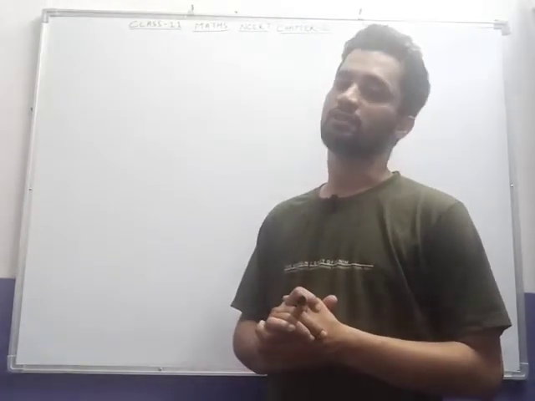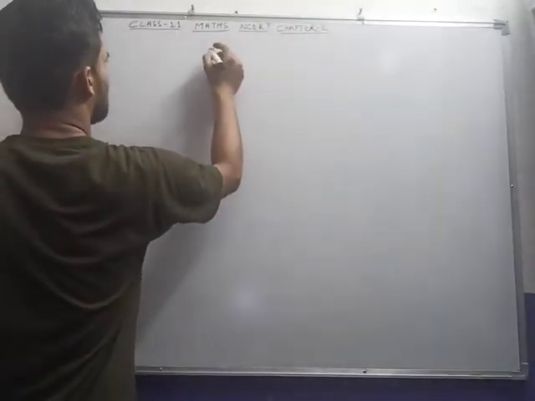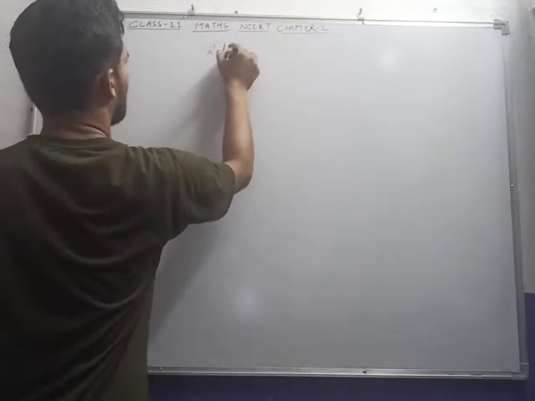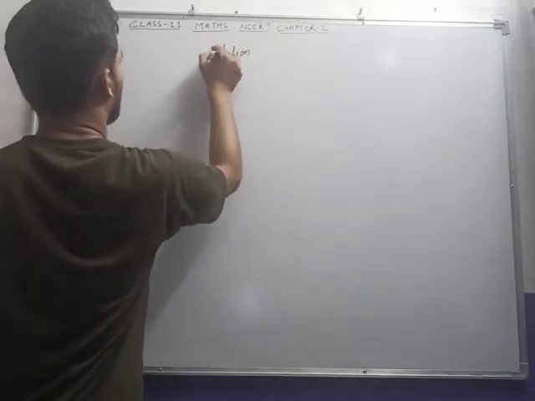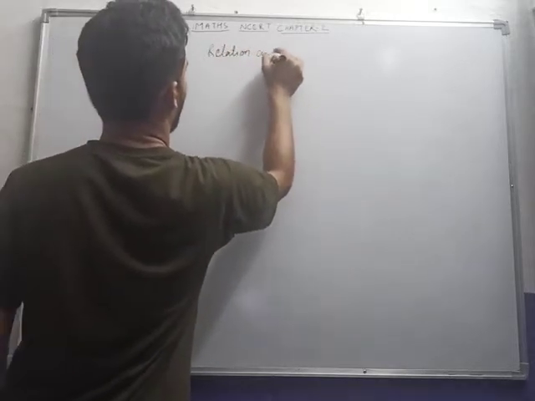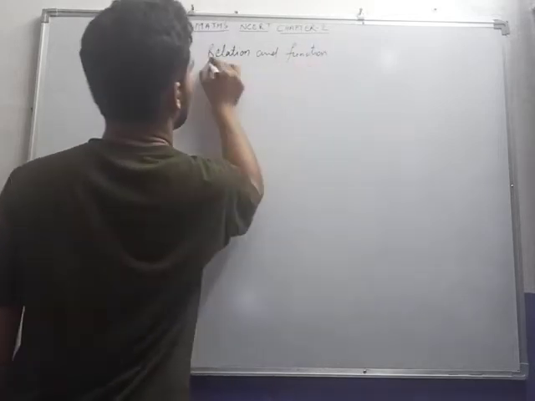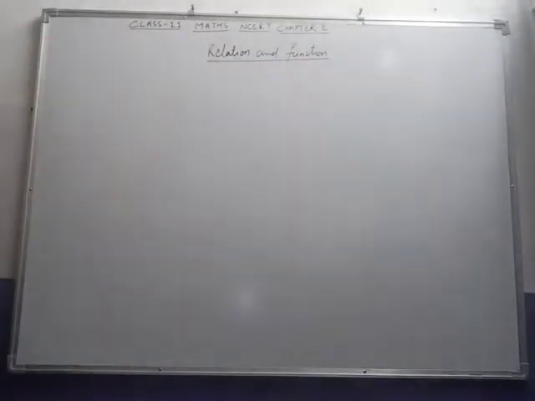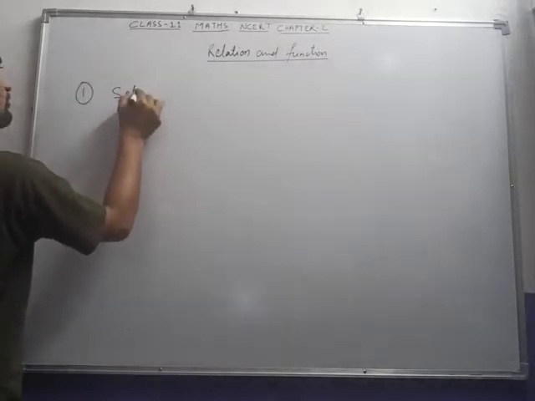First of all, let me write the chapter's title, that is Relation and Function. This is your chapter title. So I am writing what things we will study. First of all, we should know about sets.